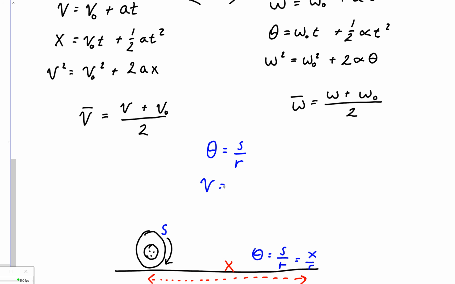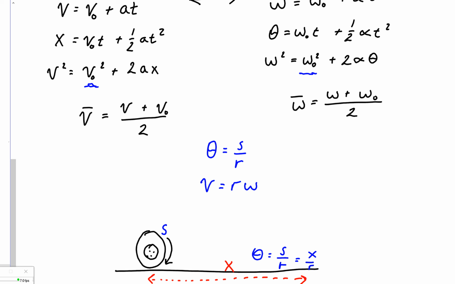Here's another equation. Linear velocity is equal to r omega. So say, for example, you're working a problem and it gives you the initial velocity of the car. So let's say it gave you this v sub 0 over here. Well, if it gives you that v sub 0 and a radius, then you can also find your omega naught initial as well.